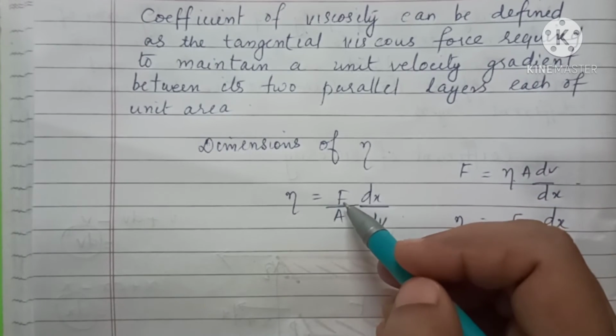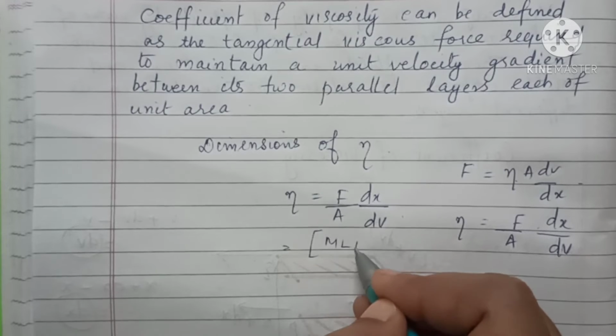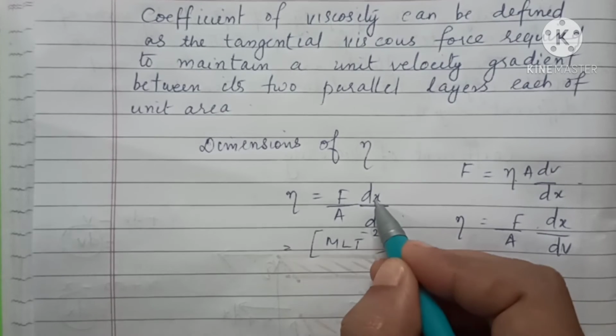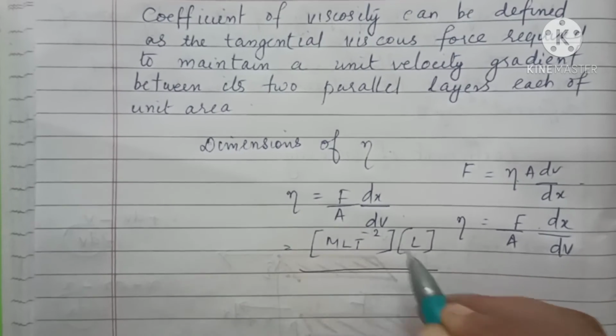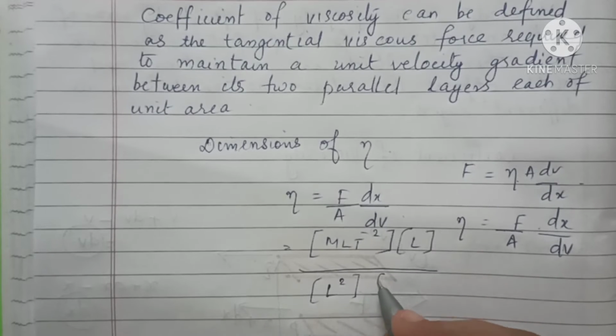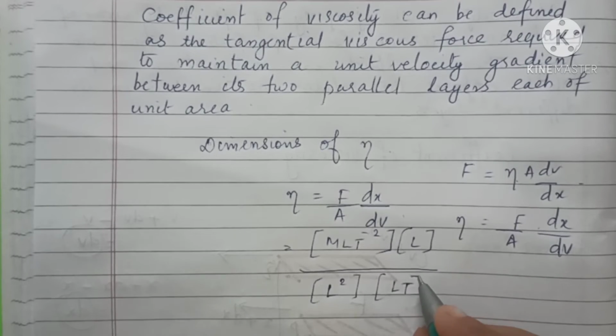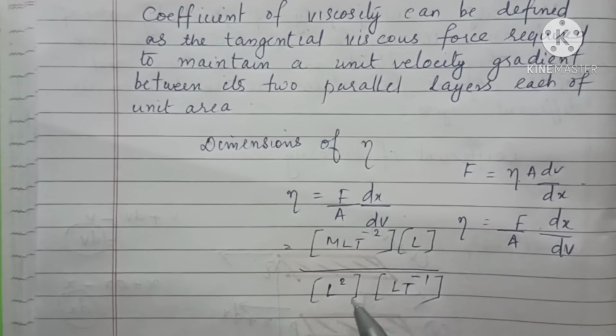Now what is the dimension of force? You all know, that is M L T raised to minus 2. dx is distance, so I can write it as L, divided by area, which is L squared, and dV is L T raised to minus 1. Now you can clear it.